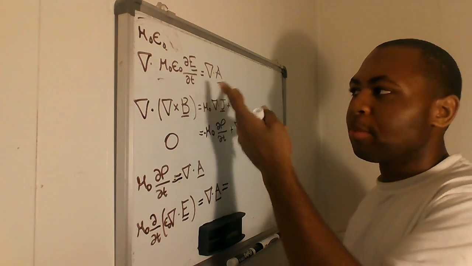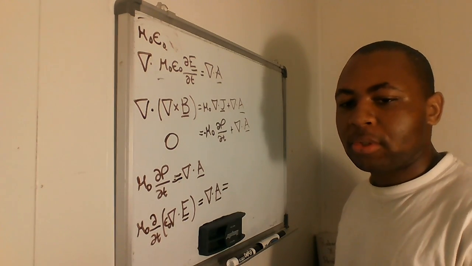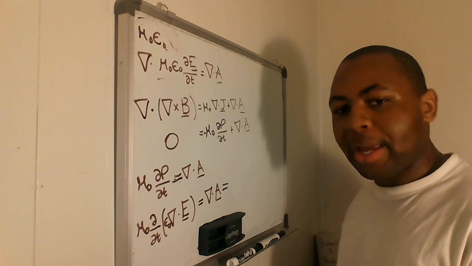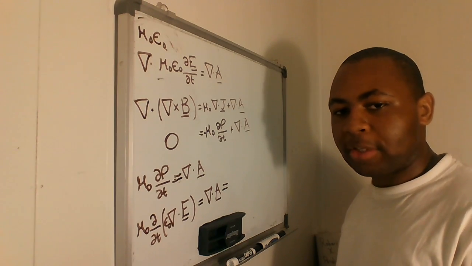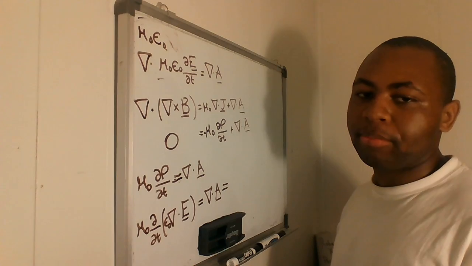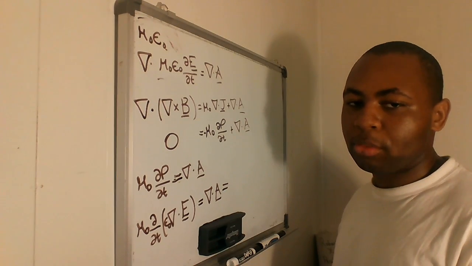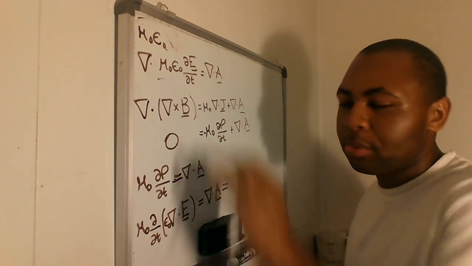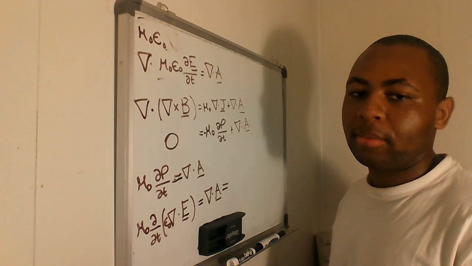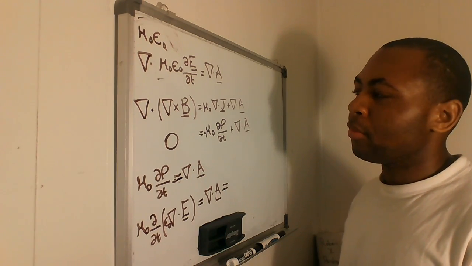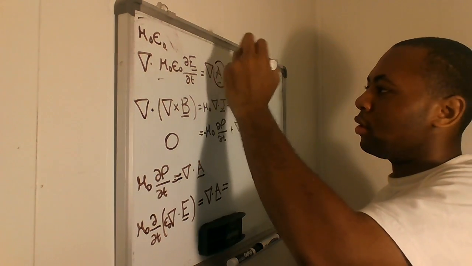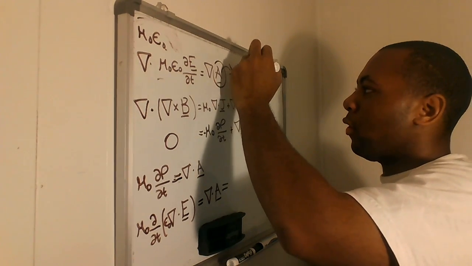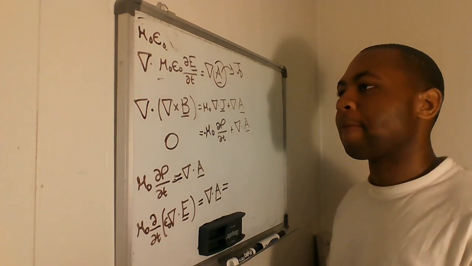That tells you that the displacement current is radiation. It's background radiation because the charge is changing with respect to time, or in this case, the electric field is changing with respect to time. And A really is something called the displacement current.